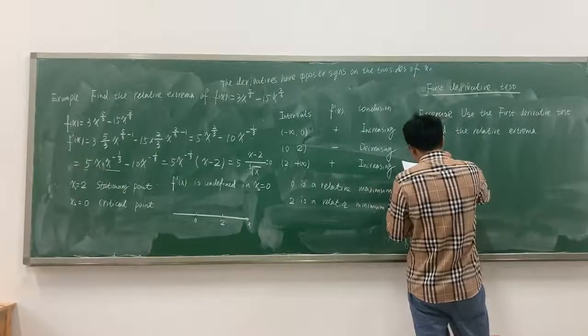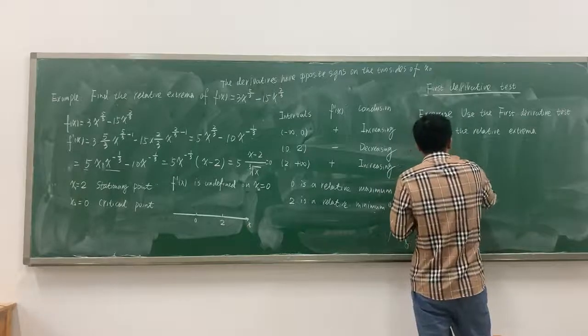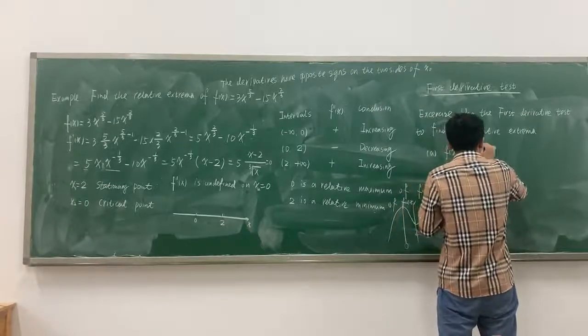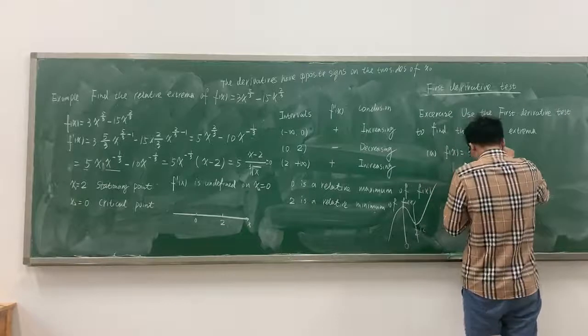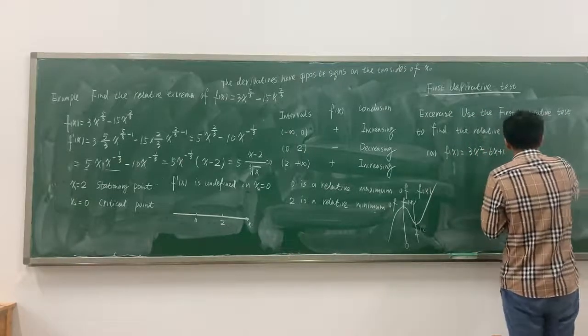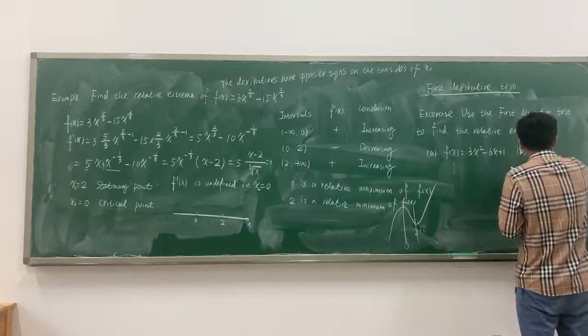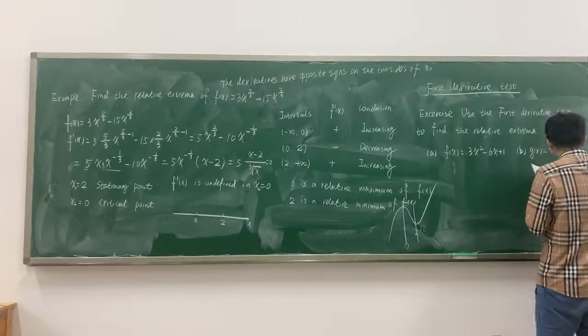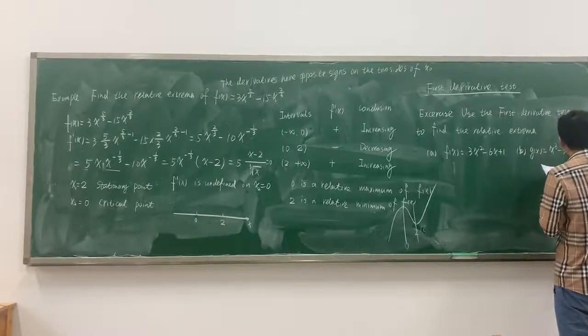So the first function is f(x) equal to 3x squared minus 6x plus 1. The second function is g(x) equal to x cubed minus 3x plus 3.